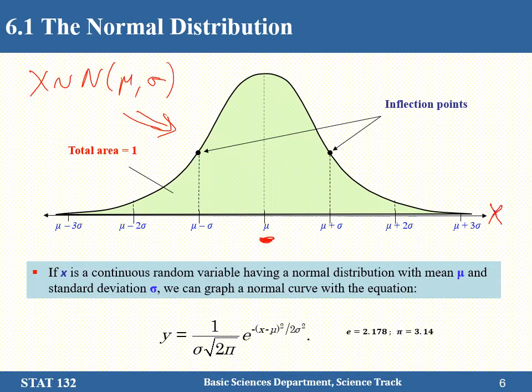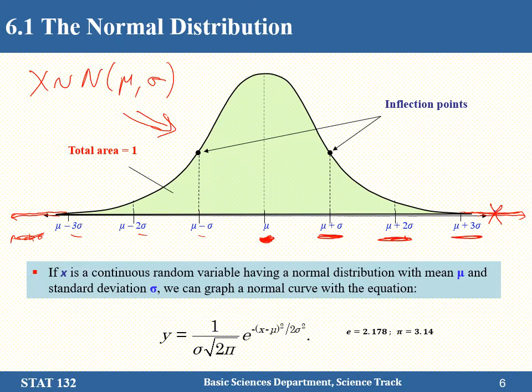This mu is just the center and the mean, and mu plus sigma is here, and mu plus 2 sigma, and mu plus 3 sigma. Of course, the curve continues. It never touches the x-axis, but it keeps approaching it, and it behaves the same way on the other side. If you want to keep writing mu minus 4 sigma and so on, you can, of course. But these three are important for us: sigma, 2 sigma, and 3 sigma. They are important.